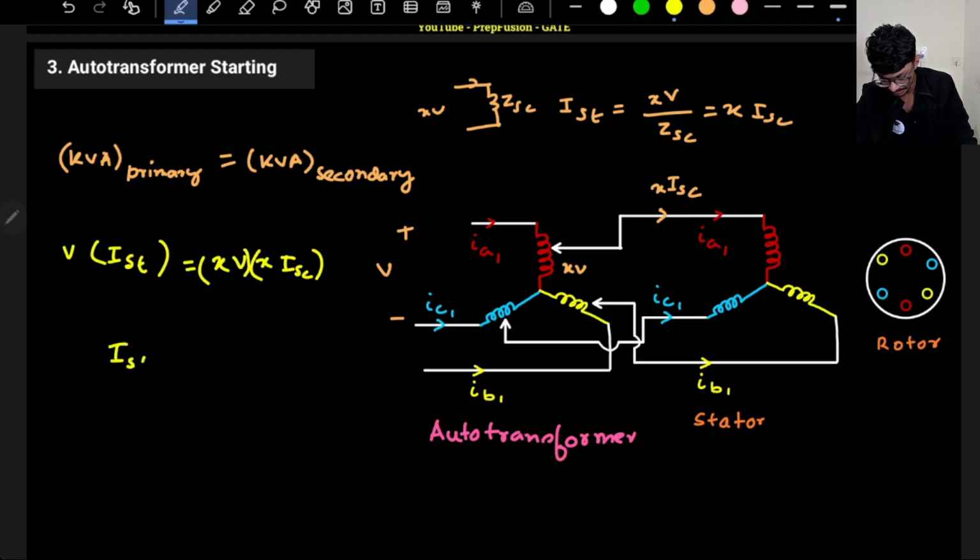So from here I can get the equation of the starting current on the primary side, that is X square into ISC. So the advantage of this is that there is higher current reduction.